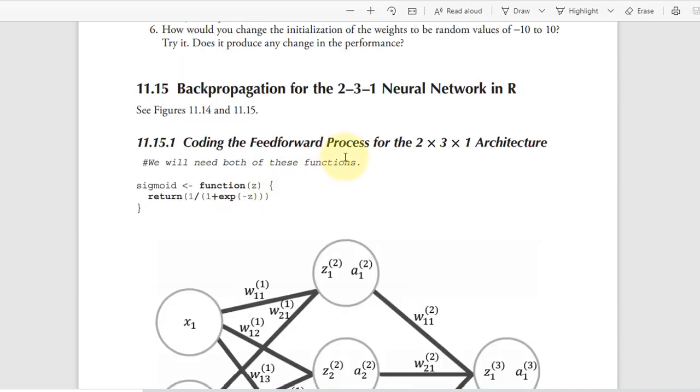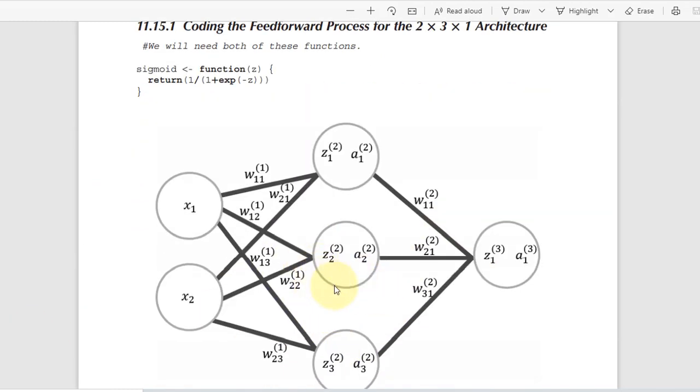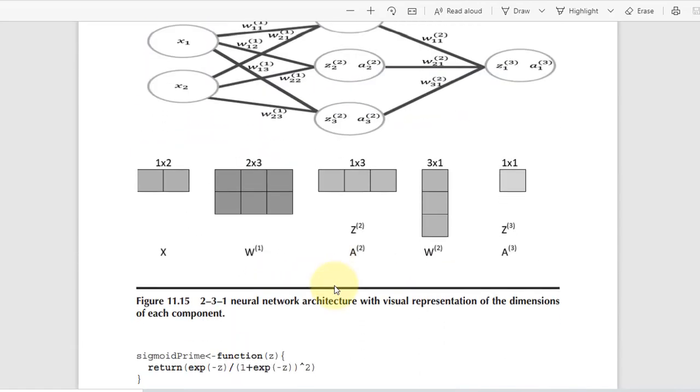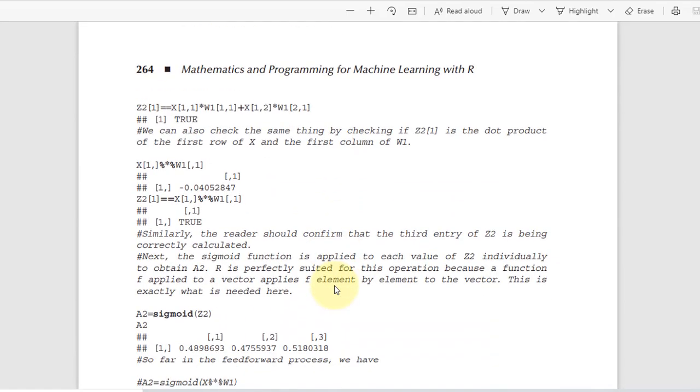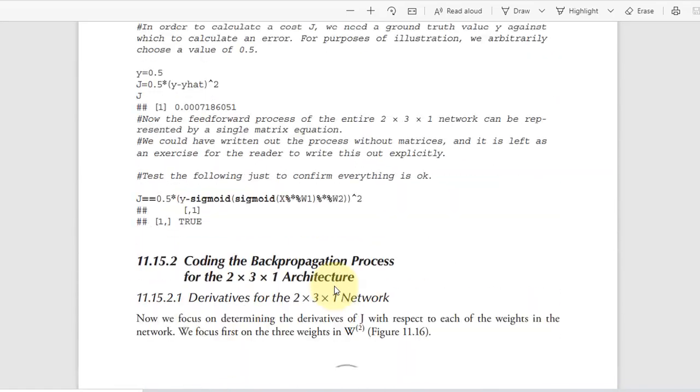So we code first the easy 1-1-1 neural network, where we only have one node in each layer, and then we do the slightly more complex network, and then we do this network. We code it. So that's what a lot of the chapter is about, and it's also about putting it into matrix form.